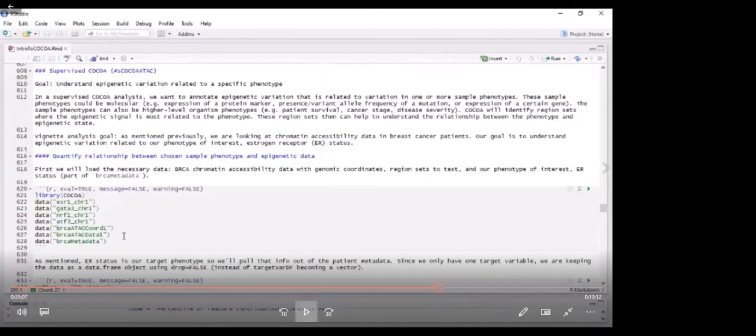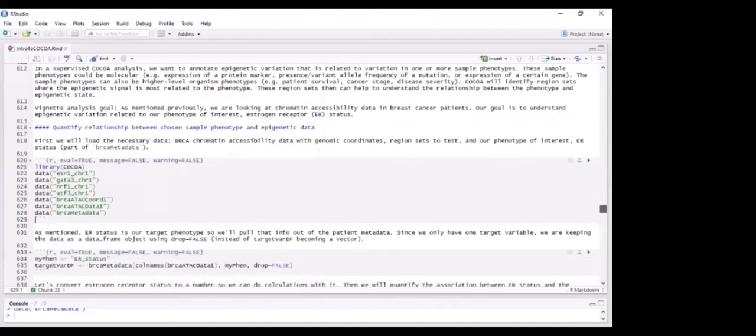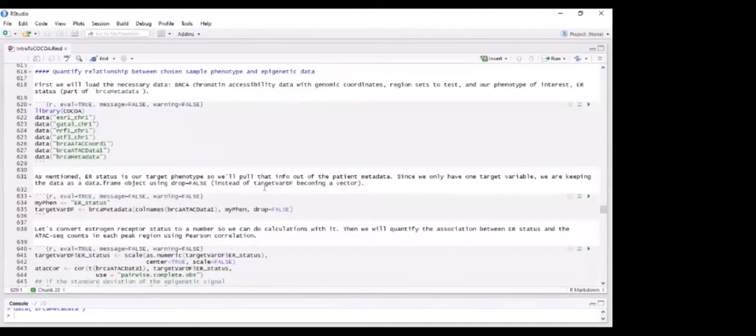Okay, great. So here I'm going to load in the ATAC data. One difference that I want to emphasize is that when we were looking at DNA methylation data, we were looking at single nucleotide resolution data. So we had epigenetic signal at a single base, a single C at least.